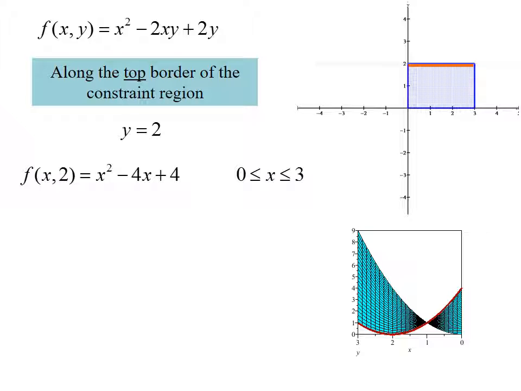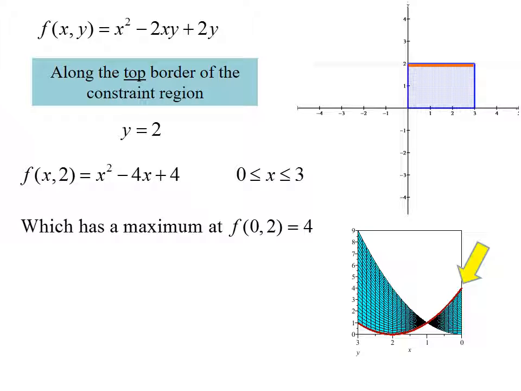We've got the parabola x squared minus 4x plus 4, which we could find the maximum and minimum value on. I'm just going to do that graphically. The maximum is going to occur here at x equals 0, and the minimum will occur here at x equals 2. So we'll take those points, 0, 2 and 2, 2, plug them into our function and get the function values, and we'll make a list of these here in a moment.